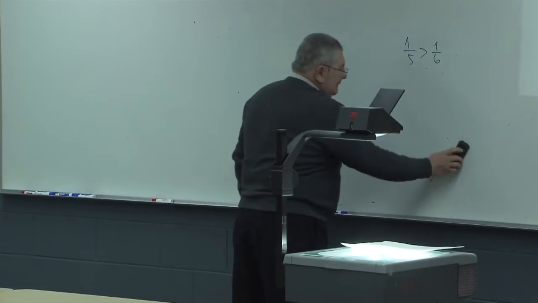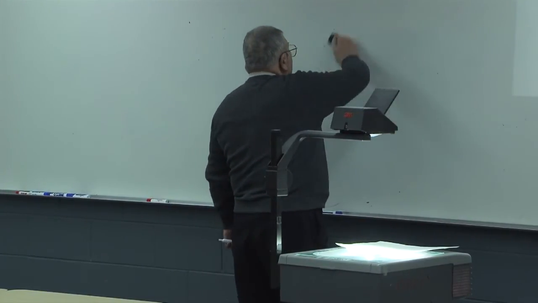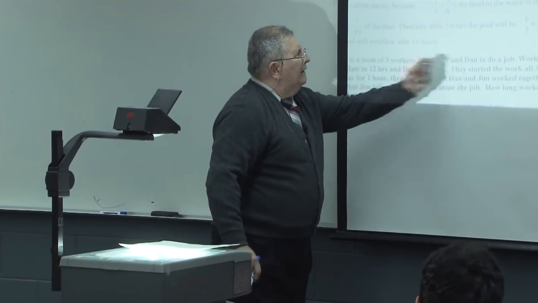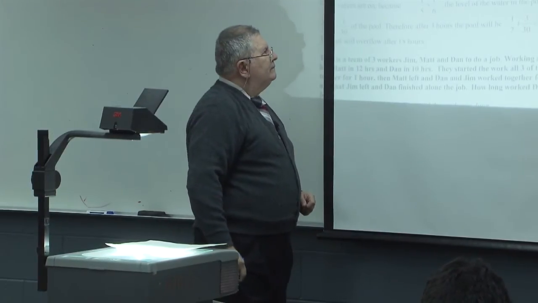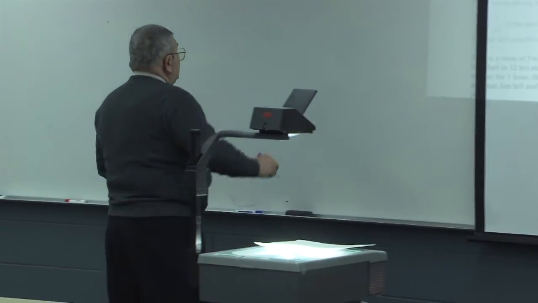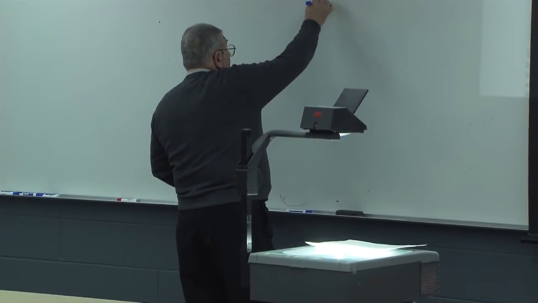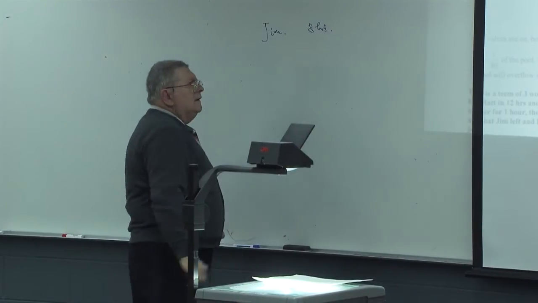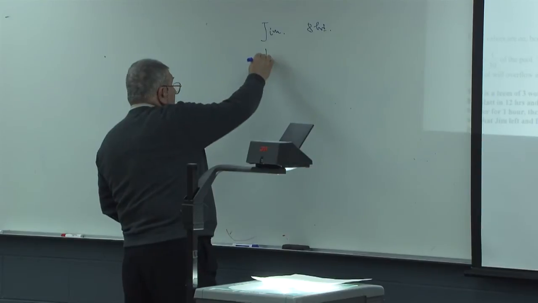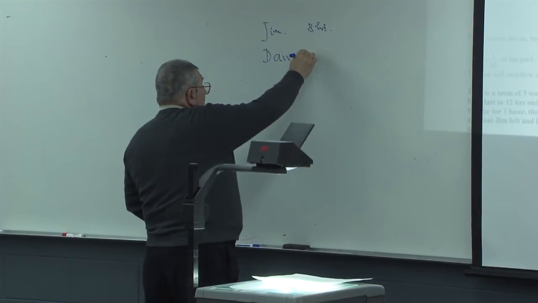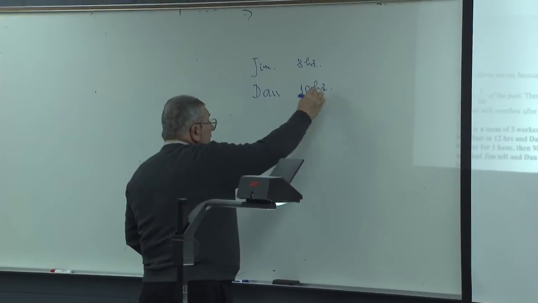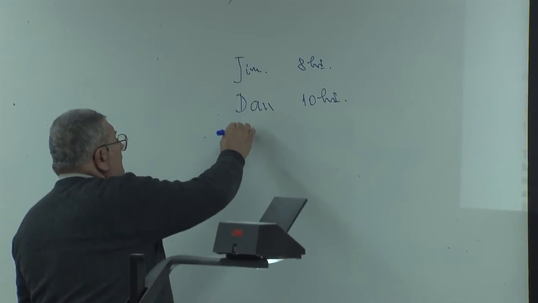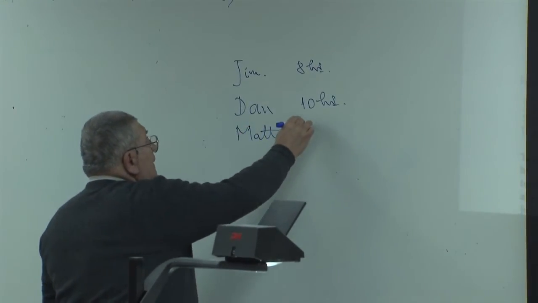There are 3 people, Jim, Matt, and Dan, to do a job. Jim does the job in 8 hours. Dan does the job in 10 hours. And Matt in 12 hours.